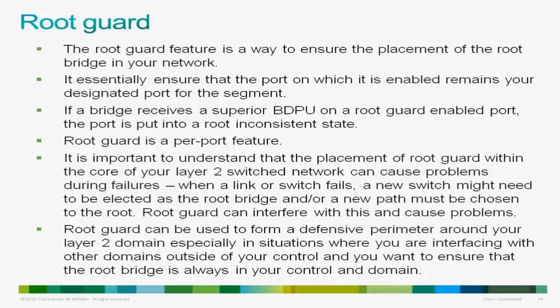So one thing to keep in mind is the placement of root guard has to be very strategic in your network. This is because we've seen failure conditions where, let's consider a switch, and let's say that there was a failure condition in such a way that the switch lost its path to the root, or basically lost its knowledge of how to get to the root.